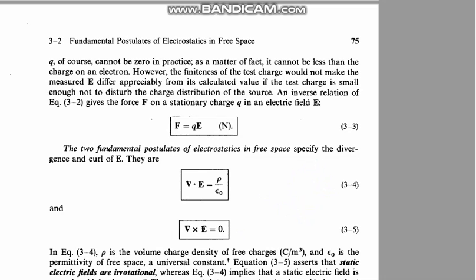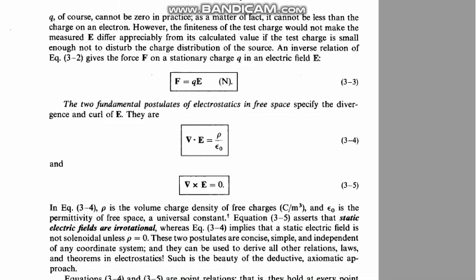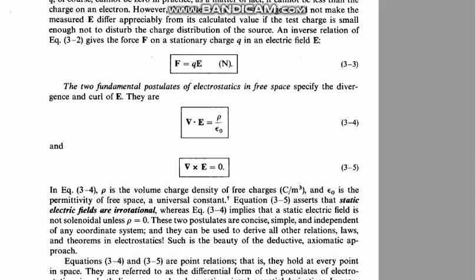There is a very practical thing that you have to know: a static electric field is not solenoidal unless rho is equal to 0. A solenoid is like this: if there is an iron core, and we place a conductor like this, that is known as a solenoid.